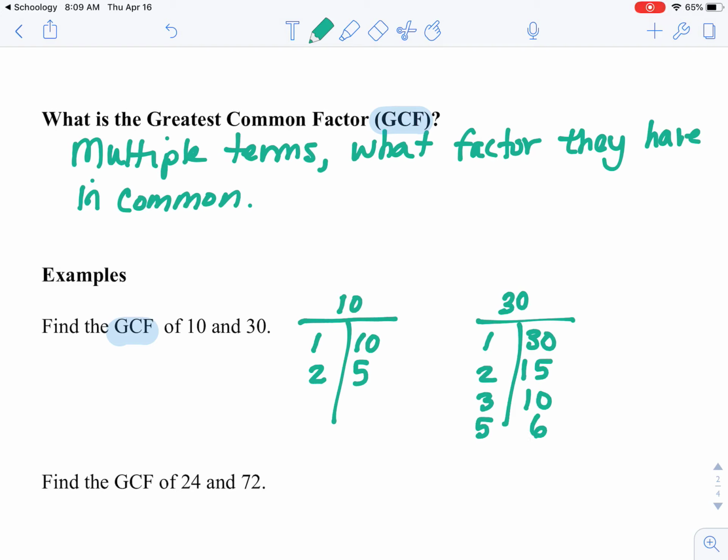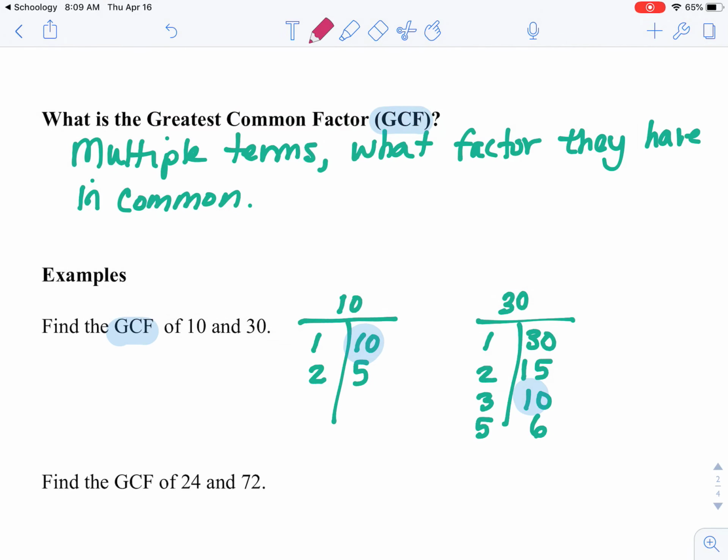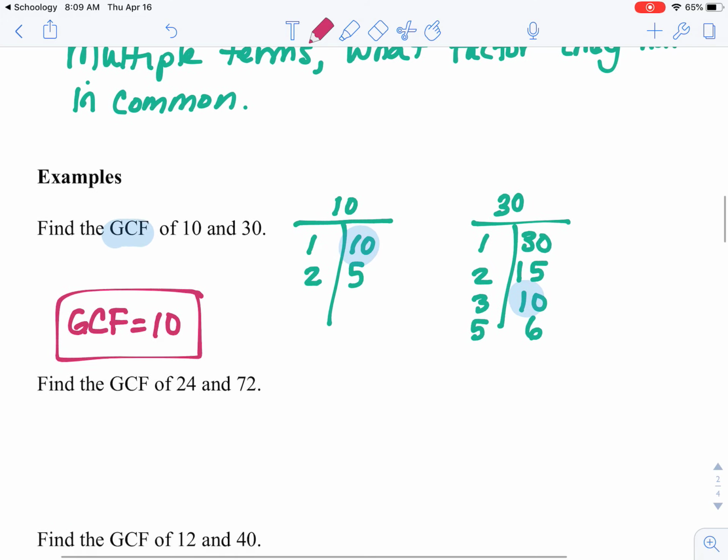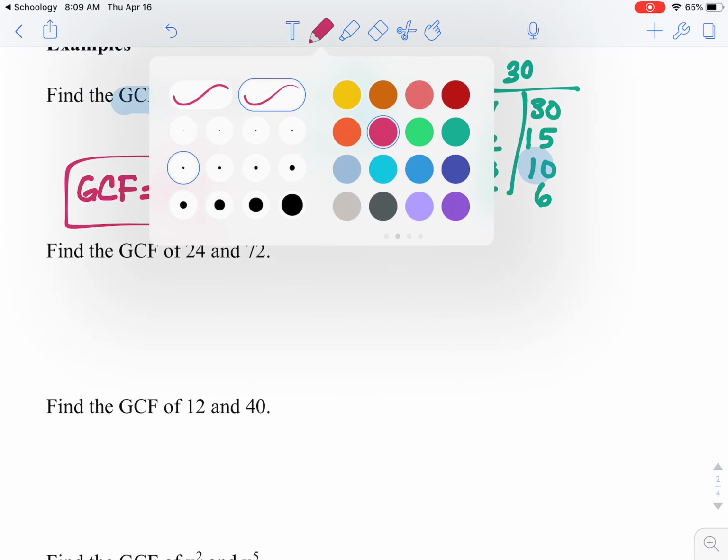And now I'm looking at my factors, and I'm going to look for the largest number in common. So here I have 10, and I have 10. So the GCF of 10 and 30 is the number 10. Look that up so you can see that.